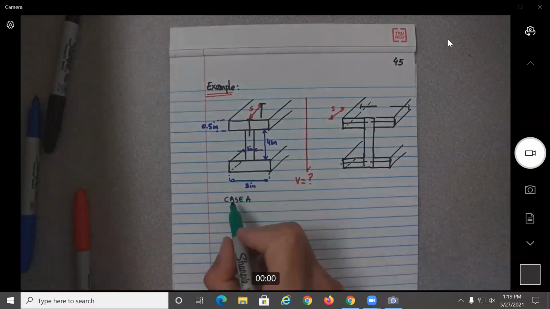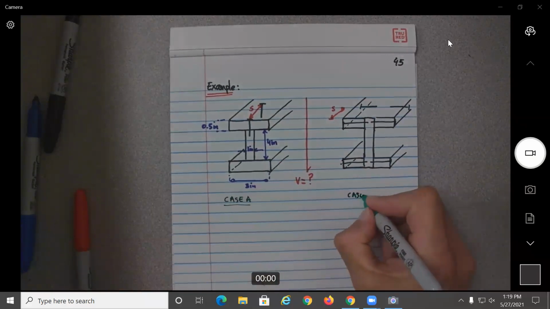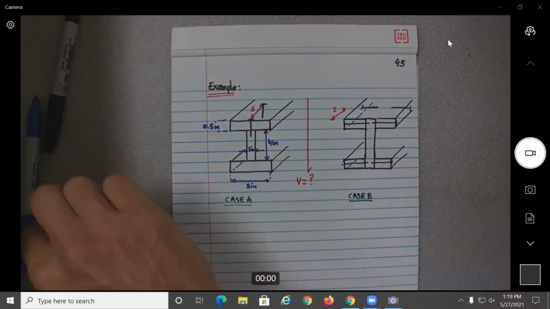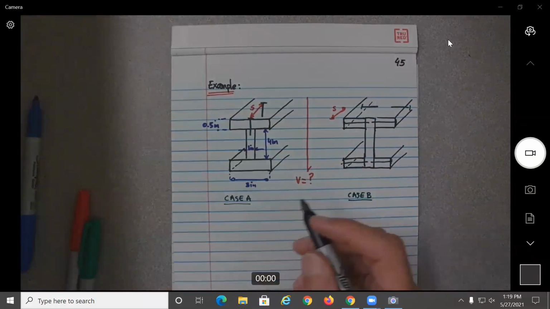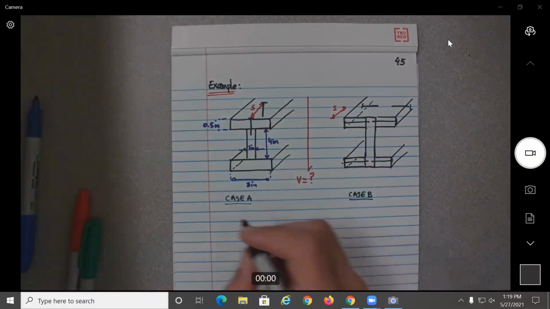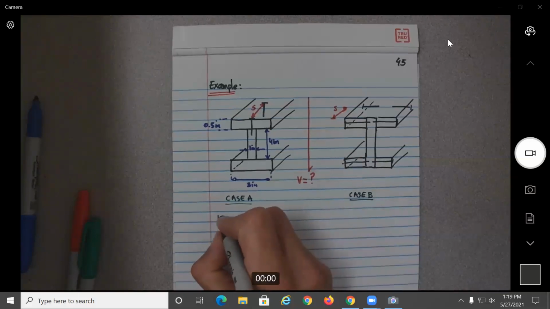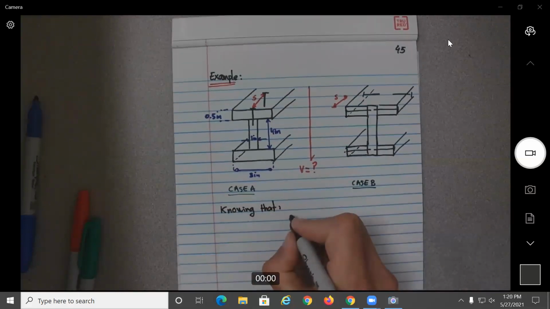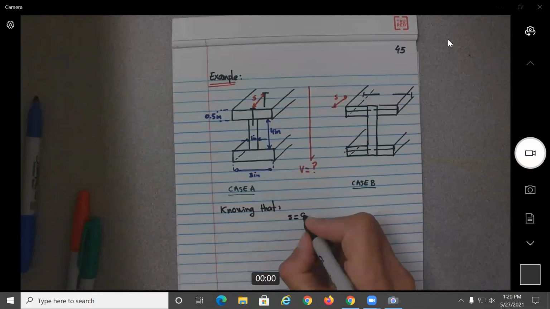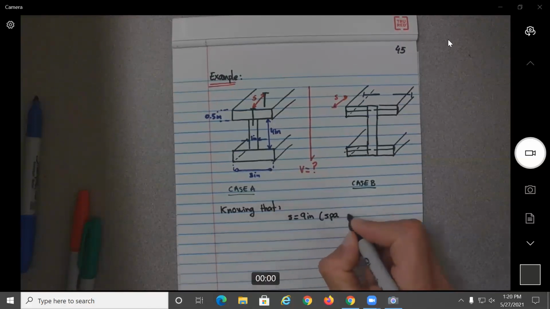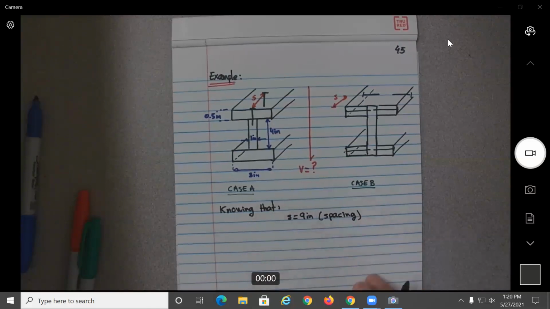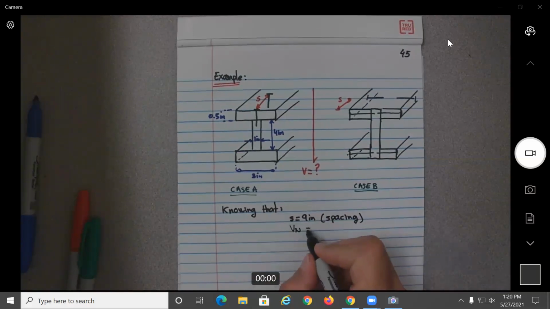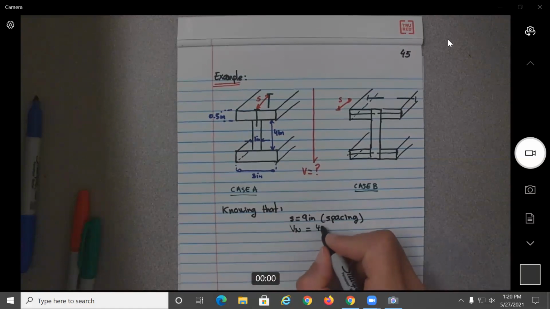Case A. Case B. And here what we know is that, let's say S equals 9 inches, so this is the spacing between the nails or the bolts, and the shear force of the nail, I just call it V sub N, is 40 pound-force.